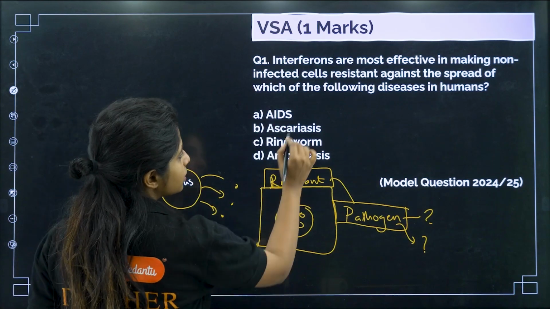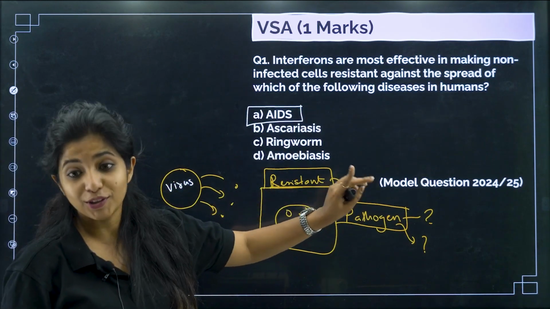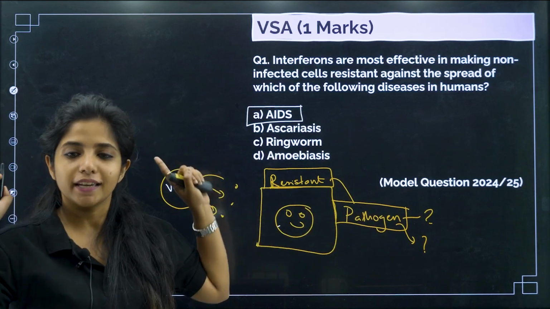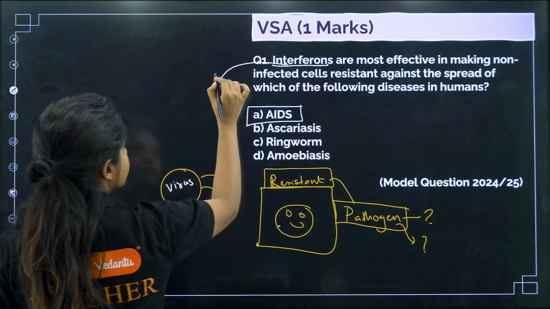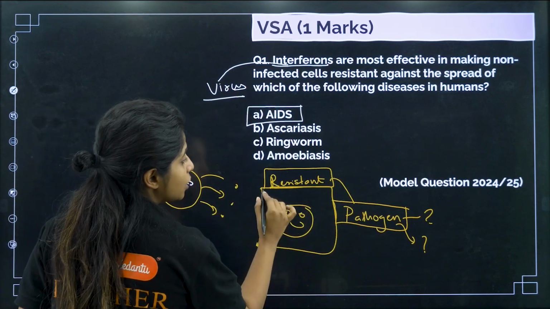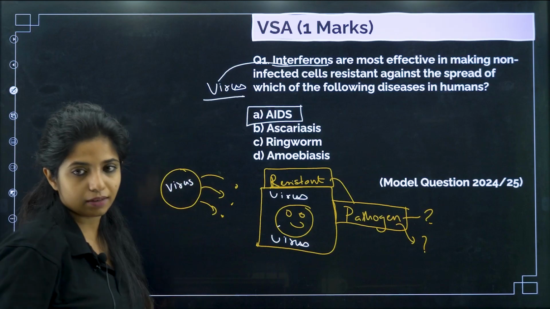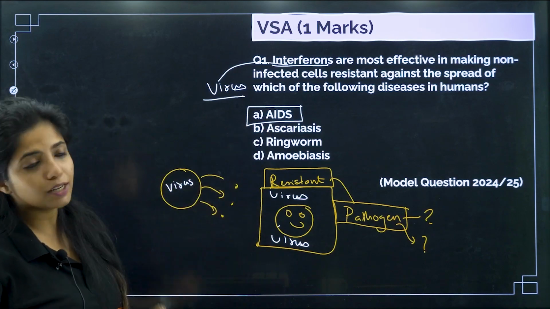Among these, there is only one viral disease, which is AIDS. Just remember, interferons are released only if the cell is infected by a virus, and they alarm other cells to stay safe from the virus. So this is the answer.